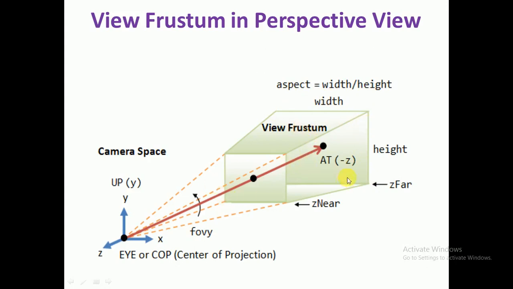How to set the height: it will be set by the FOV, the angle from the horizontal bottom line to this top line. Whatever angle you set will become the height, right? Then, if you know the height and the aspect ratio, you can calculate the width, right? Then Z near and Z far can be set in the Z direction.